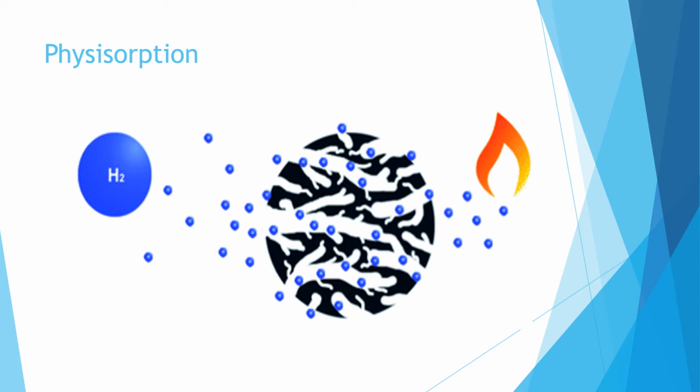Capillary condensation could happen in a pore larger than 2 but smaller than 50 nanometer. Adsorption in a pore larger than 50 nanometer is the same as that on an open surface.